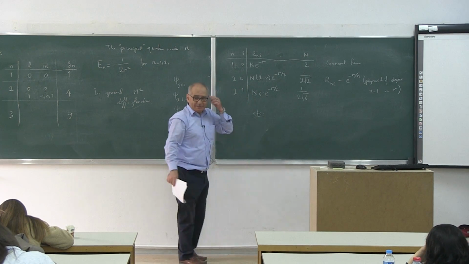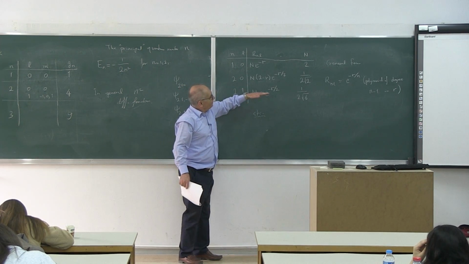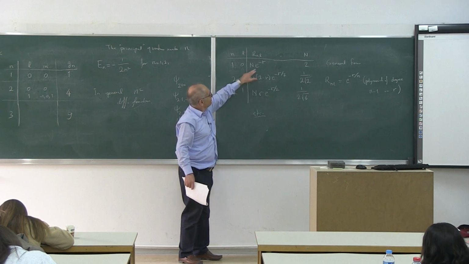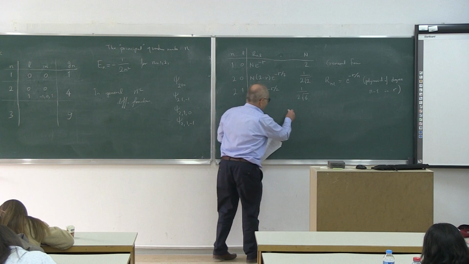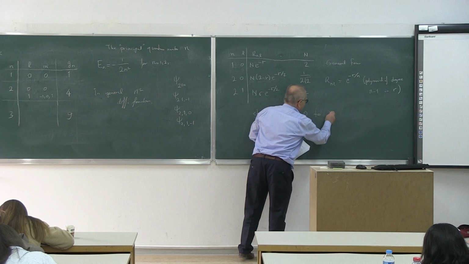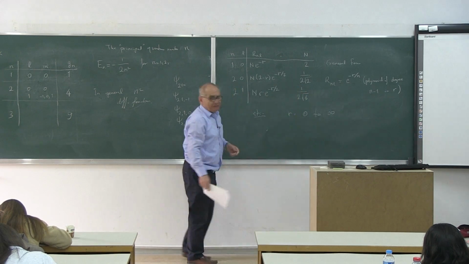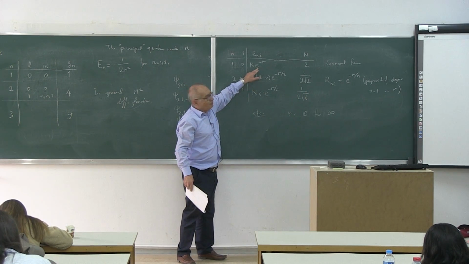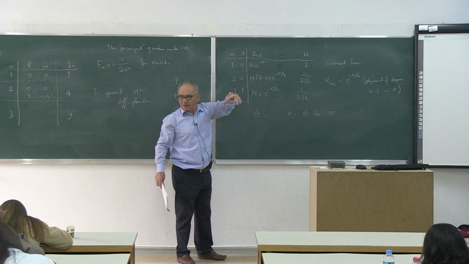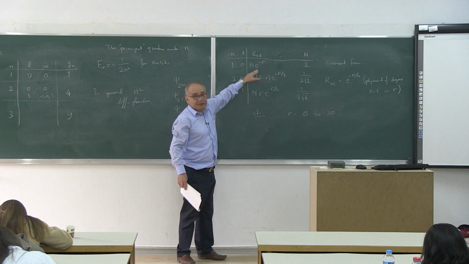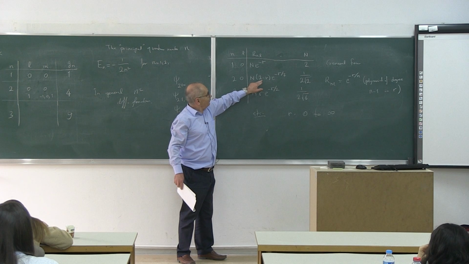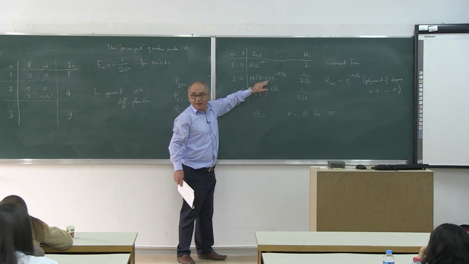Now, another property that you may see from these examples is that for r from 0 to infinity, the first function has no zeros in this range. It's just e to the minus r. But the second function, you see, it becomes 0 at r equals 2.